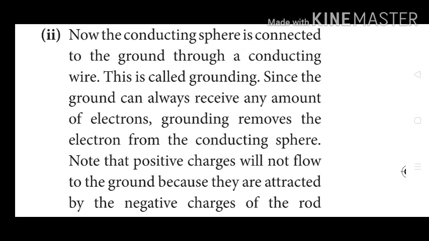The next point is, now the conducting sphere is connected to the ground through a conducting wire. This is called grounding. Since the ground can always receive any amount of electrons, grounding removes the electrons from the conducting sphere. Note that positive charges will not flow to the ground because they are attracted by the negative charges of the rod.